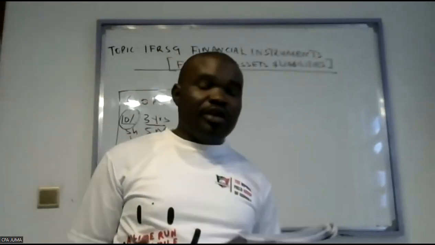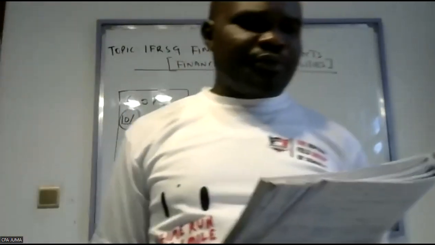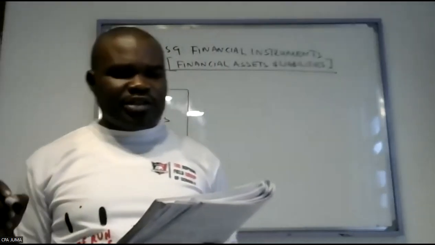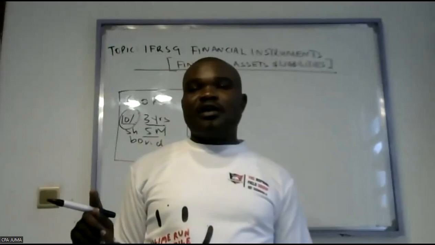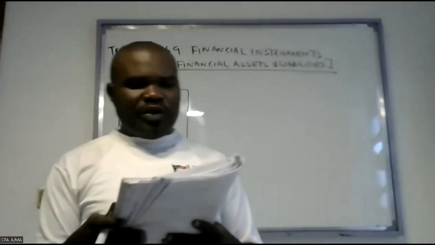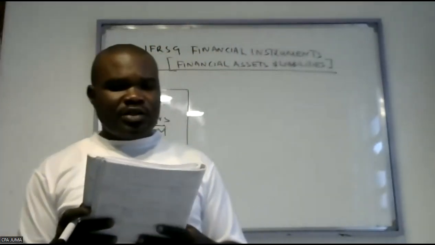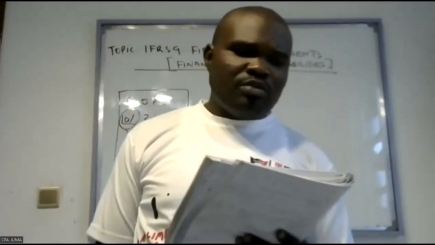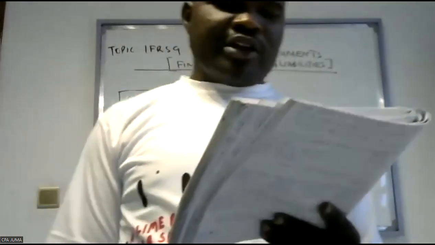It says, and I read: financial instruments are contracts which entitle an entity or a party to receive cash or equity instruments of another entity. That is the financial instrument itself. It's a contract which entitles you to receive cash or other instruments of another entity. Examples include debentures, loan notes, bonds, among others.